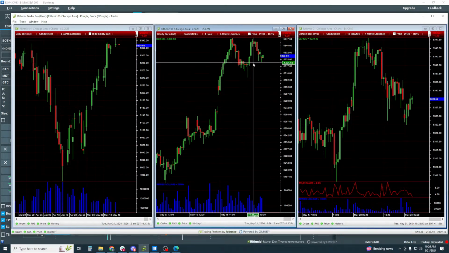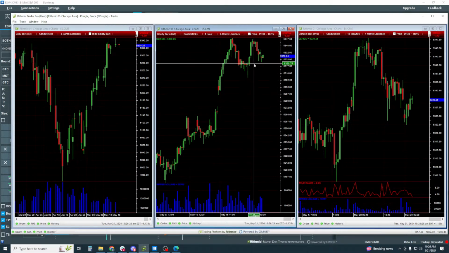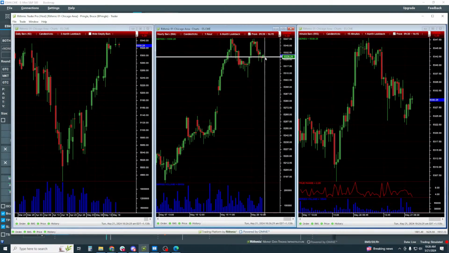So here we always assume that there's going to be some support, some buyers, some profit taking from the sell side, and that is going to be the behavior. Therefore, we're looking for a bit of a bounce here.